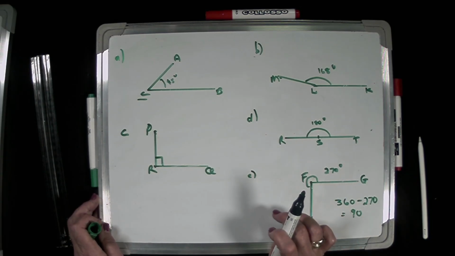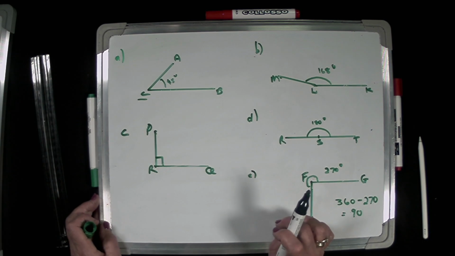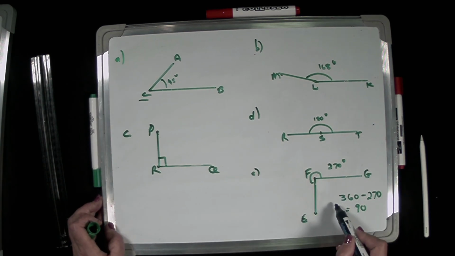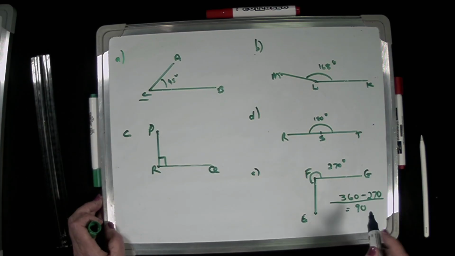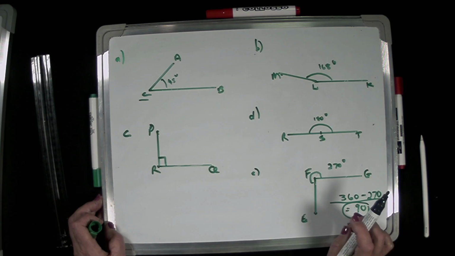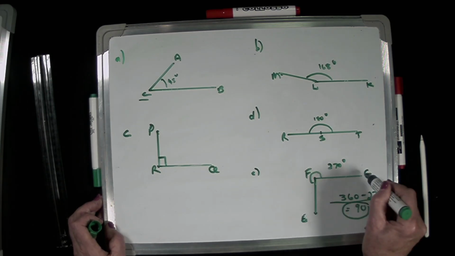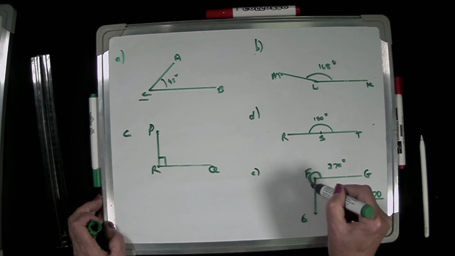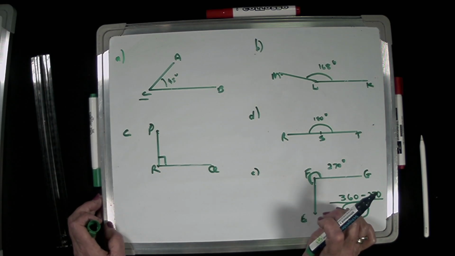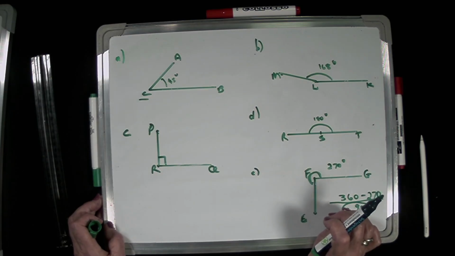And then EFG was the one where, remember, you had to subtract 270 from 360, and then you notice that it is 90 degrees. So you draw the 90, but you mark the reflex angle of 270 degrees. Well done if you've got all of this correct.